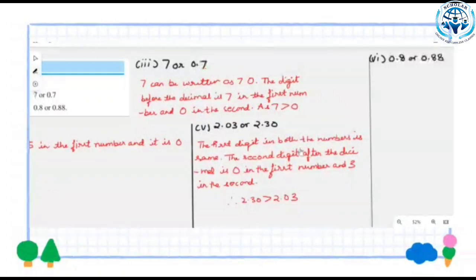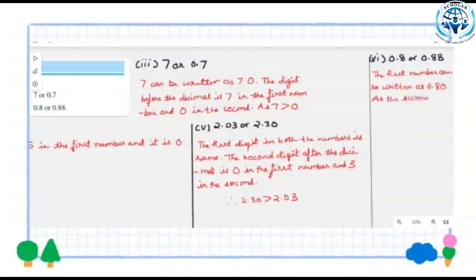Sixth one is 0.8 or 0.88. Which one is greater? The first digit in the first number is 0. It is 0 in the second number. After decimal, the first digit in the first number is 8. It is 8 in the second number.